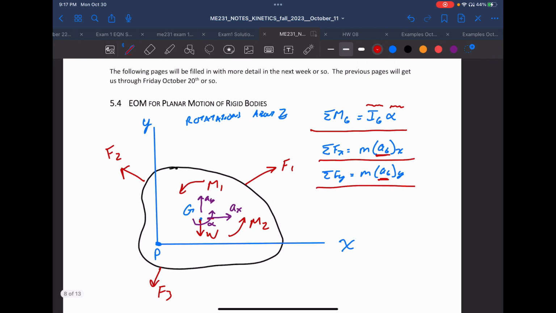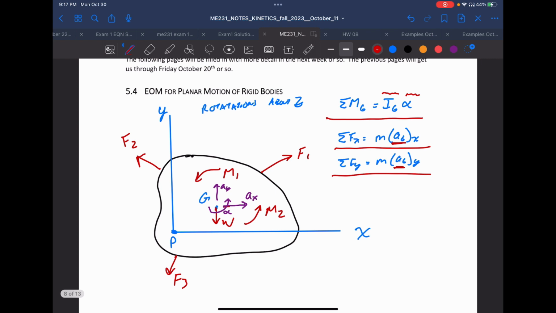But yeah, this first page is the general layout. This is all good. There's nothing here that's really missing, and all of this is correct. But the one thing I'll highlight here is in my summation of moments, I've got the summation of moments about G is equal to the inertial term IG alpha, and that is it.